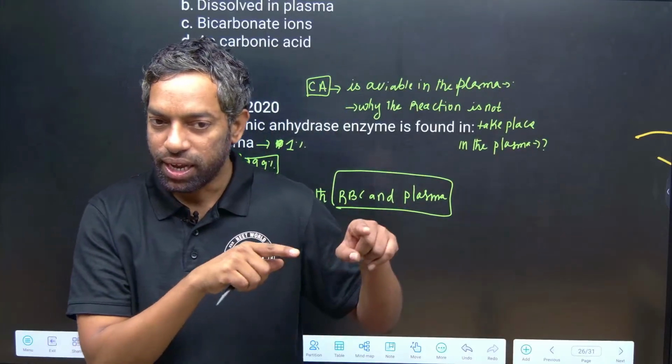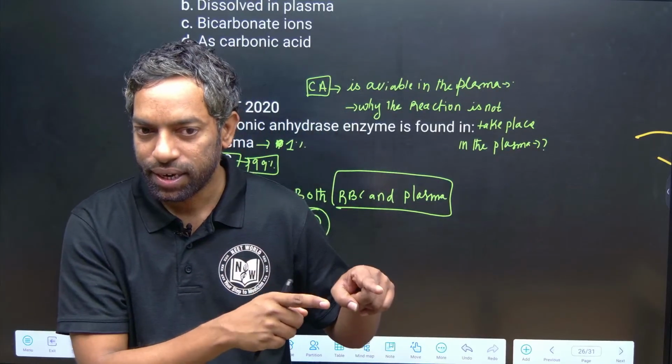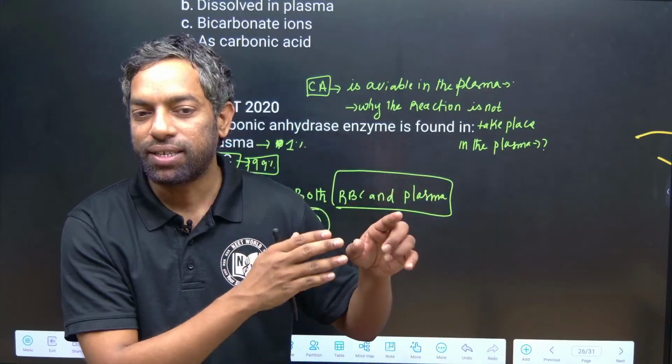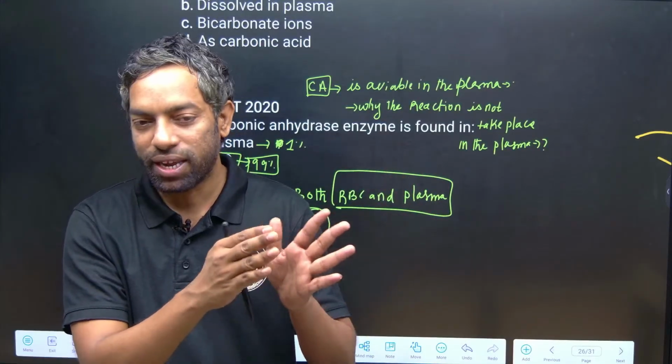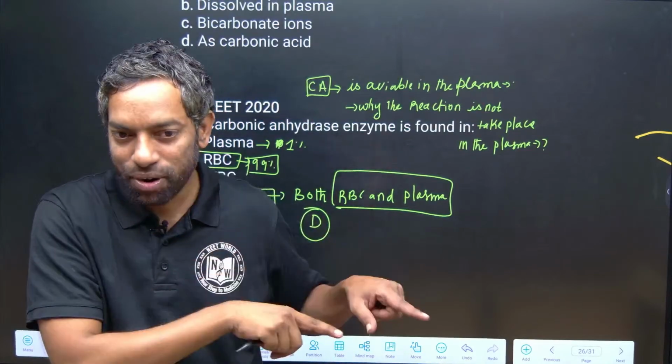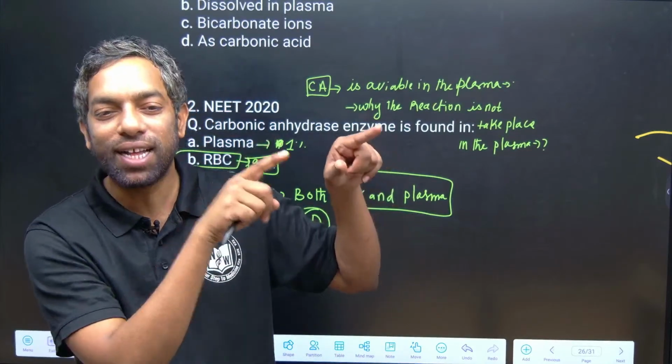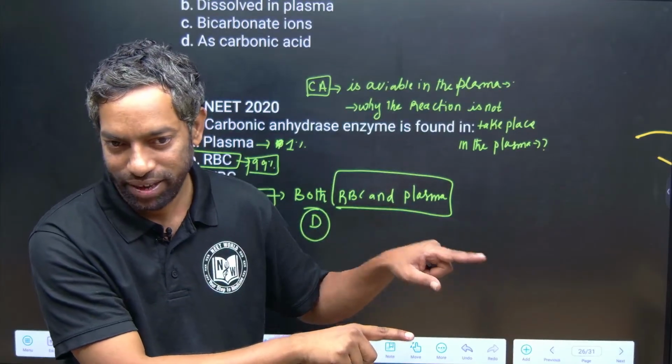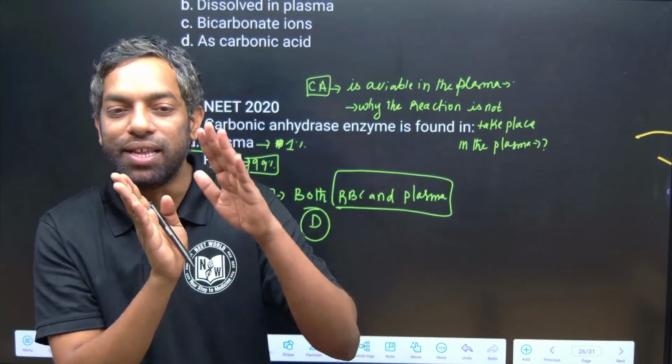There is carbonic anhydrase to convert carbon dioxide and water into carbonic acid, and then into hydrogen and bicarbonate. That reversible reaction takes place in the RBC itself by means of this enzyme.